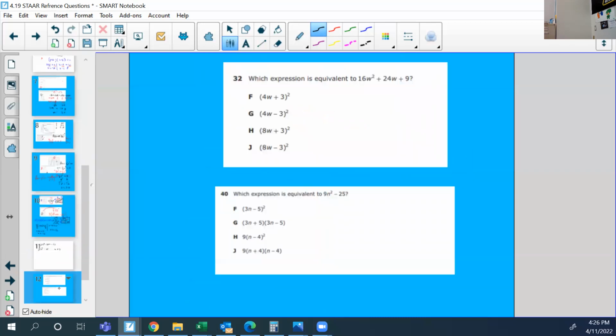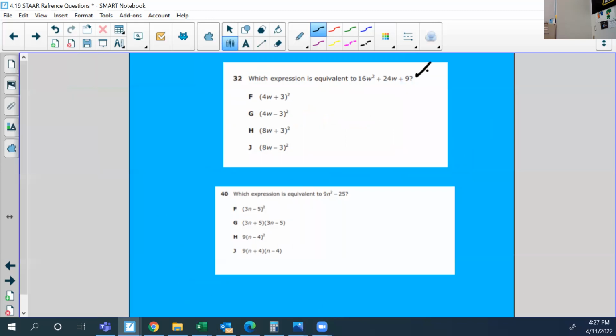Again, which expression is equivalent? Again, two ways you can do this. You can graph this in your calculator, then graph each of these to see which one matches that. Or you can expand this.